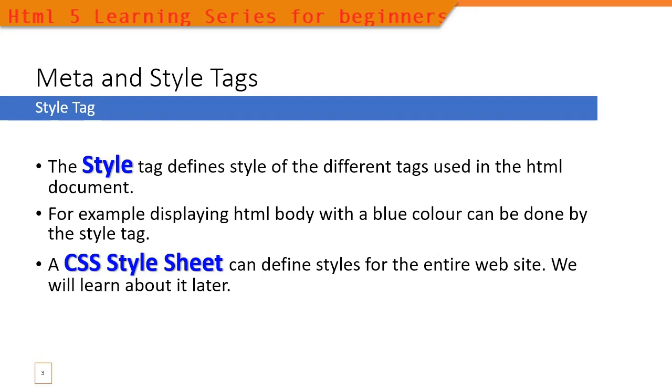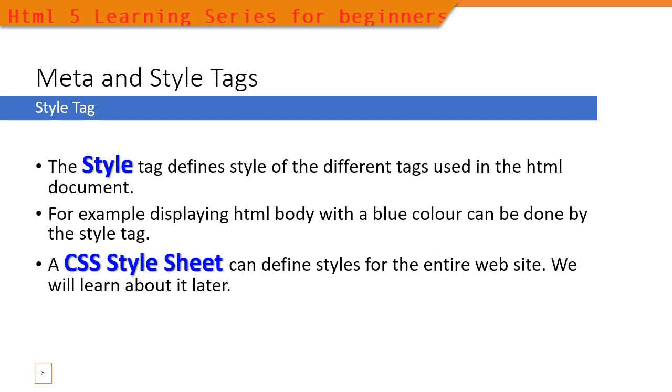There is also a style sheet, a dedicated file. It can be called as a CSS style sheet. There we can define style for the tags, and the entire website can use this style sheet so that you can see a uniformity in your entire website.